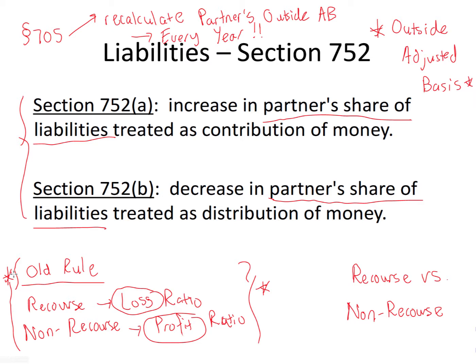So the first thing that we need to consider is whether we actually have a liability under the regulations. Now, the regulations in 752 actually distinguish two types of liabilities. The first type of liability is called a section 1.752-1 liability, and the other type is a 1.752-7 liability.